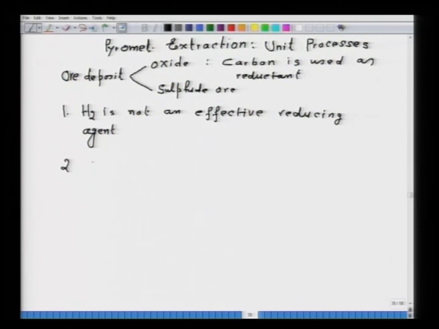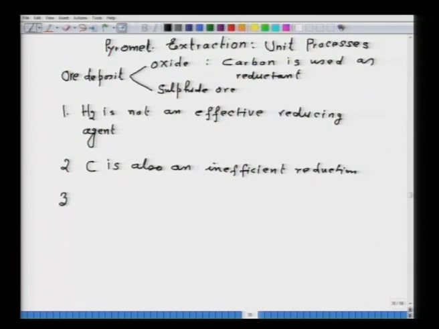Second, carbon is also an inefficient reductant. This information you can get from the Ellingham diagram of sulphides.